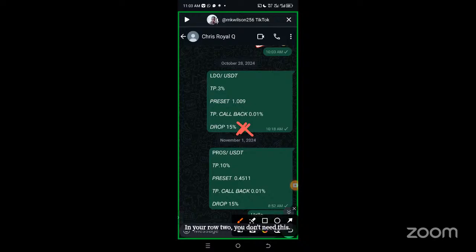Just see it as if it is not there. You also don't need this or that. You only need the name of the coin given to you to set and the preset price in the signal.